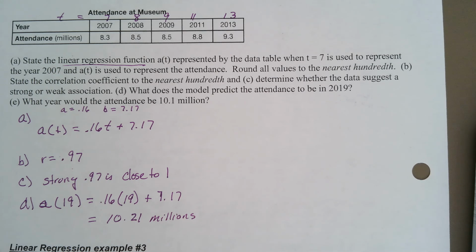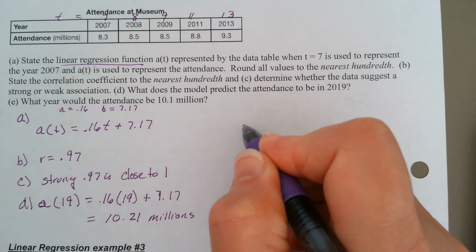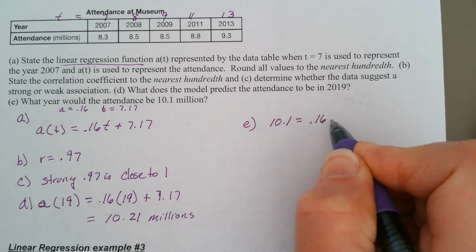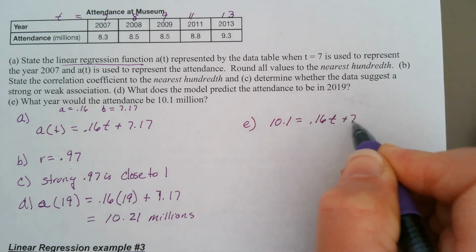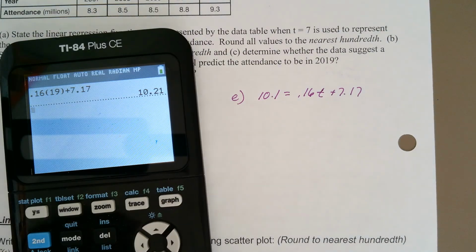What year would the attendance be 10.1 million? So 10.1 equals 0.16t plus 7.17. We'll subtract the 7.17.